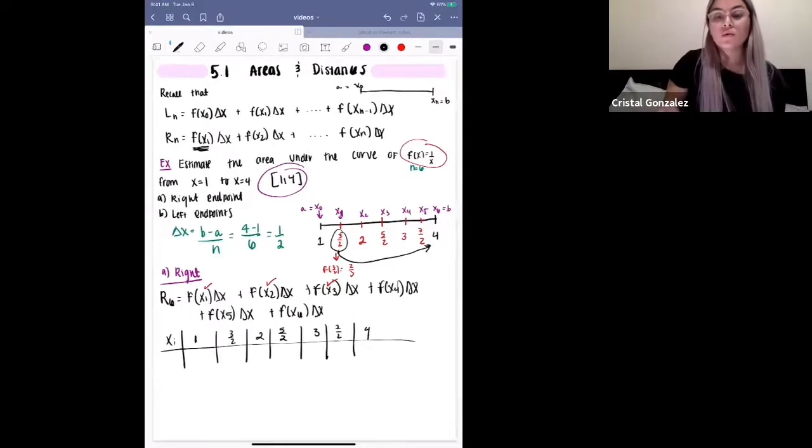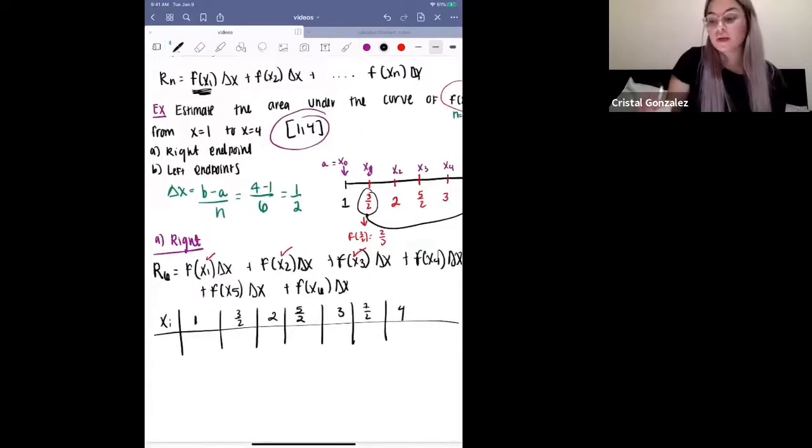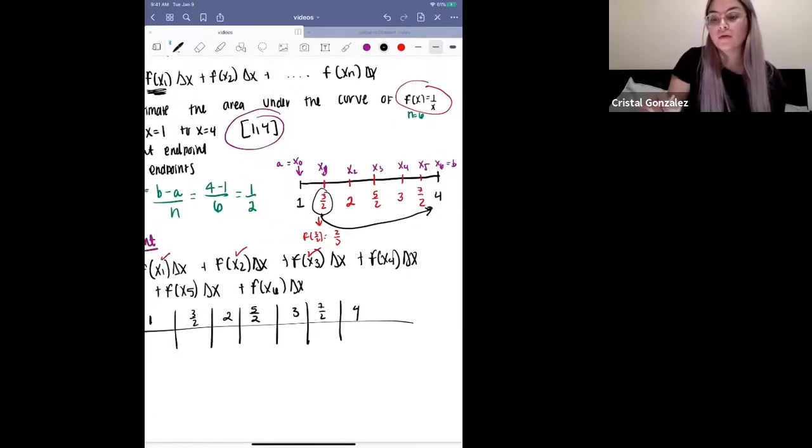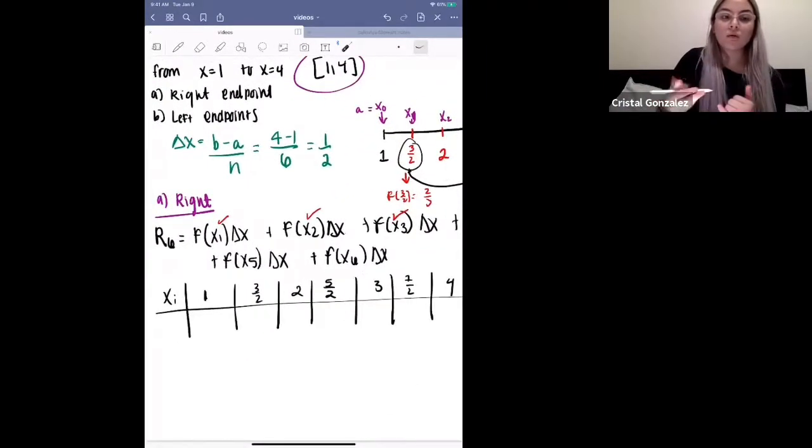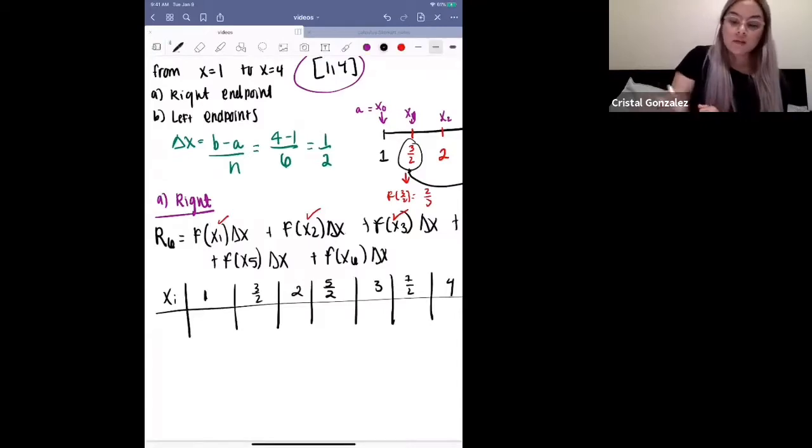You don't have to do this table. You could have easily found them and written them out directly under the line graph. But just to keep things organized for those of you who like tables, here's one way that you can organize this craziness. Then our f of xi's are going to live here.